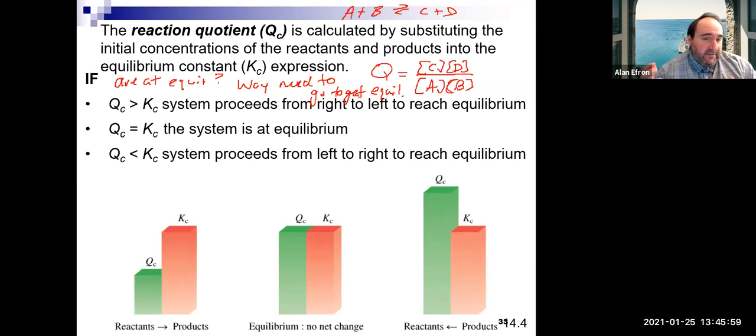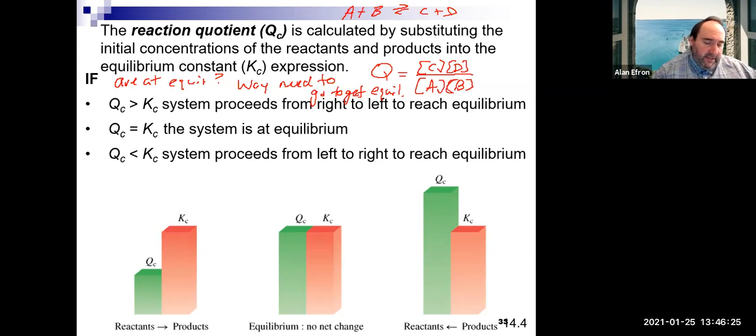And if you're given those, that implies that the reaction is taking place. So maybe you're not at the start of the reaction. Maybe the reaction is at equilibrium. Maybe it's on its way to equilibrium. And that's why we have the starting amounts of everybody. So the way that we can figure that out is to take the Q value that we calculate and compare it to the K value.